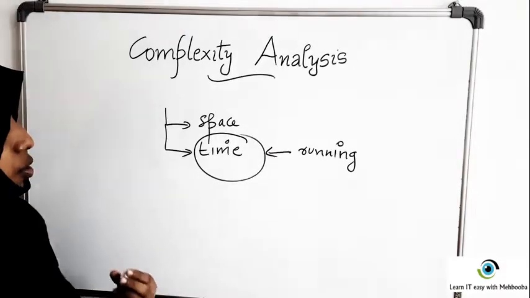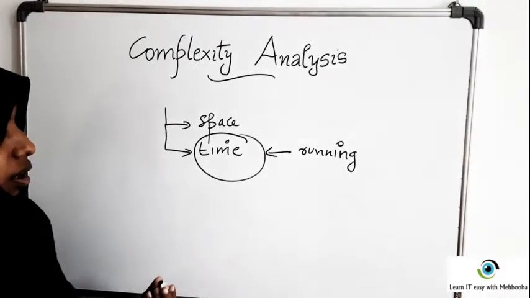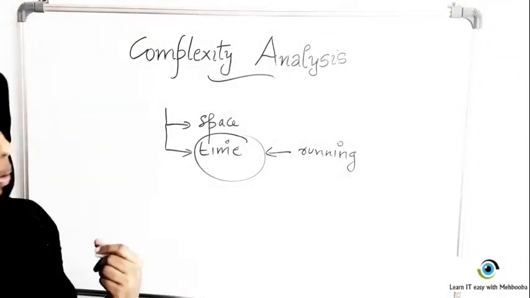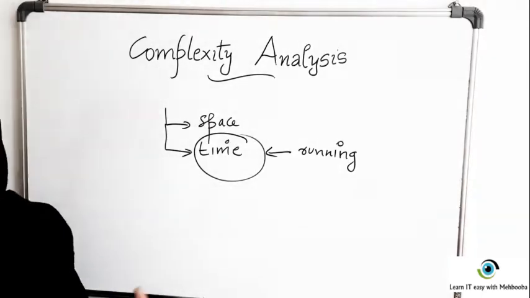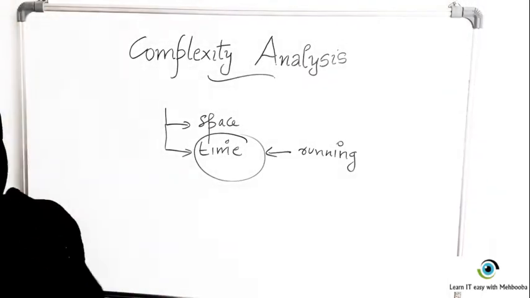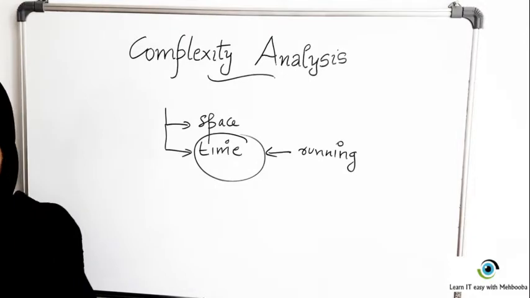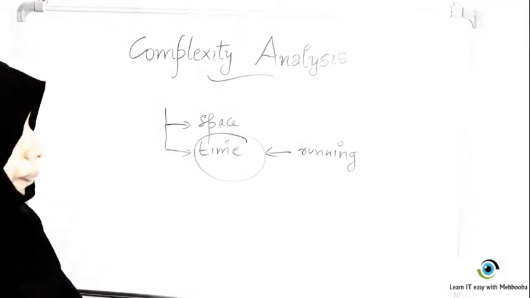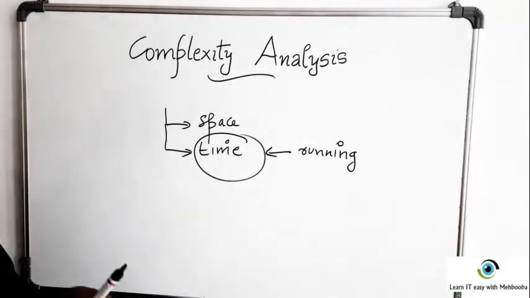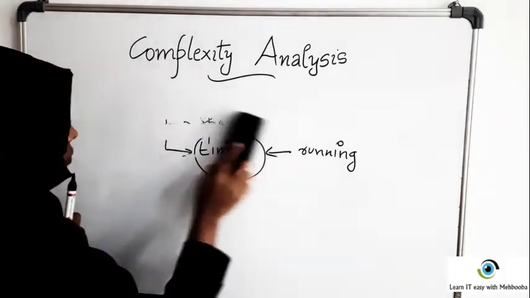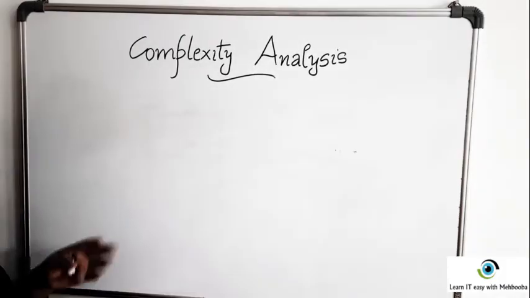Okay. So one easiest way to find out the time complexity of an algorithm is finding out the frequency of execution of various statements in a program. I will show you an example.